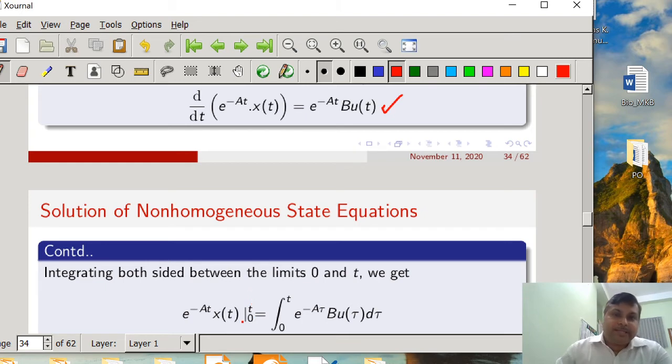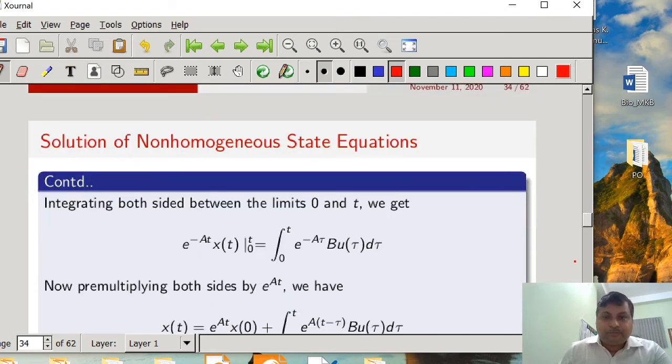And on this side, as the integration limit is 0 to t with respect to dt, we replace the t by a dummy variable tau. So we have written the integral from 0 to t of e to the power minus a tau b into u tau d tau, where tau is the dummy variable.